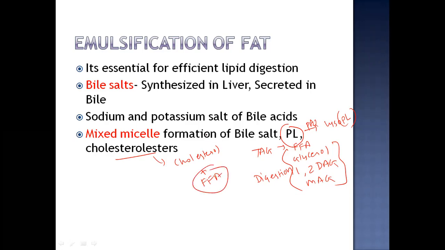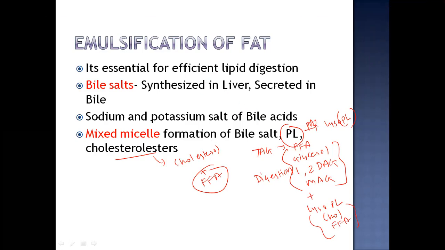Okay. So other forms of digestive product will include lysophospholipid and cholesterol and free fatty acid. Okay, fine. So all this digested product of lipid, they will combine and will start the next process of absorption.